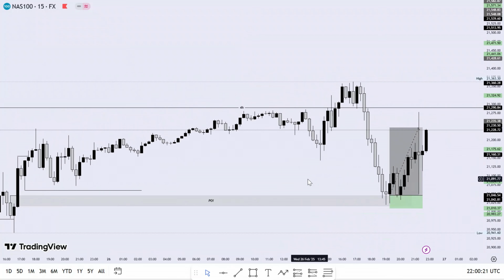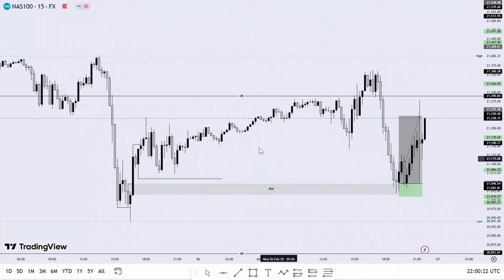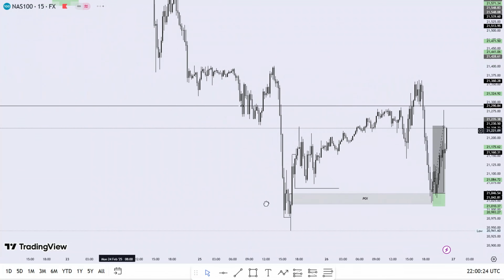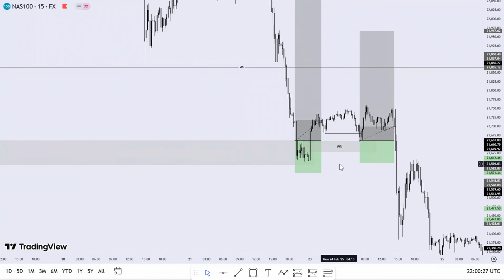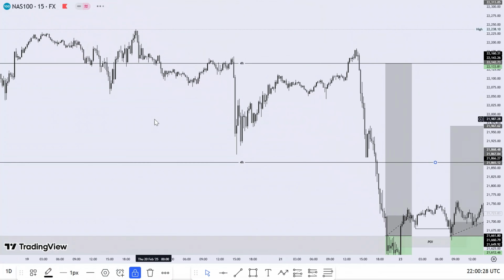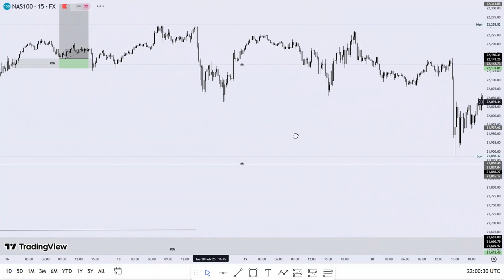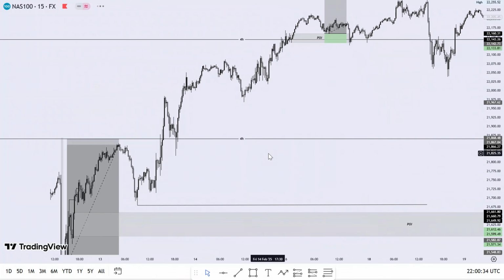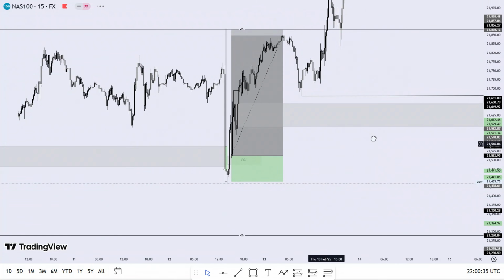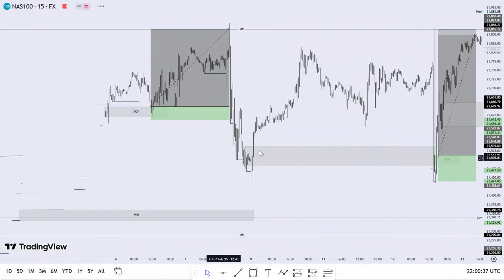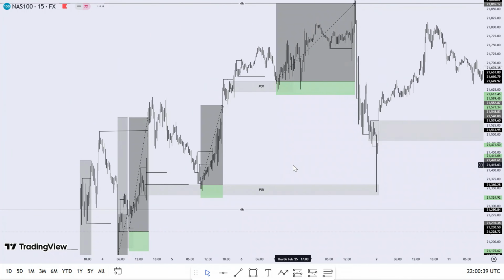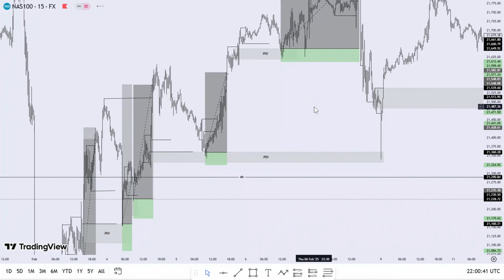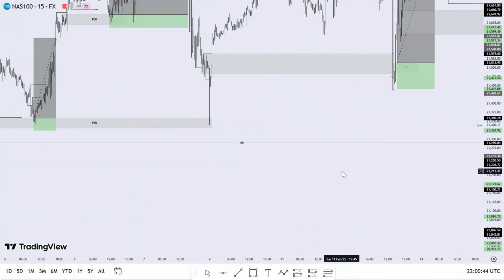But I do not have any recent trade on engineered liquidity because I mainly use the structural liquidity. If you check all my trades, I talked about this trade in my other video when I hit SL on it. I also hit SL on this one. But then all these trades, all these take profits, they are all structural liquidity entry models.